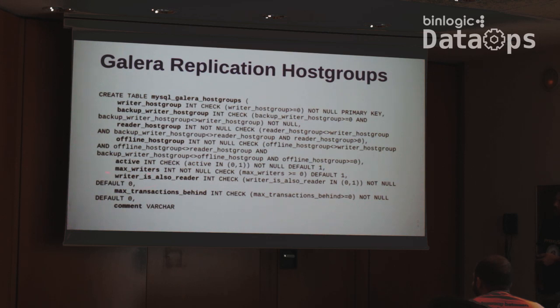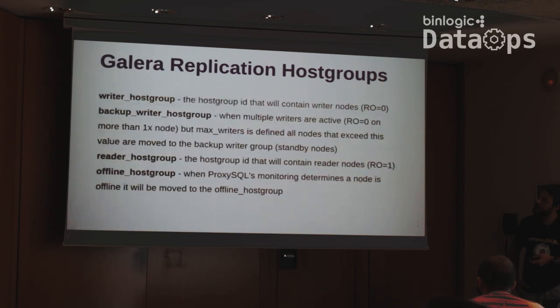The maximum number of writers, writer_is_also_reader, and max_transactions_behind. This is actually not correct as the name, because we just use the same name that we were using for group replication, but here in reality what it defines is the maximum number of writes that were not applied yet. Here is basically described what I just said.